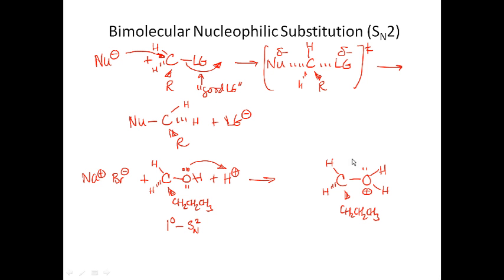But now I've just converted an OH group, which is a pretty strong base, to something that when this molecule leaves, will leave as H2O, and H2O is a much, much weaker base than hydroxide. So by protonating the OH group, I've converted a strong base into a weak base.